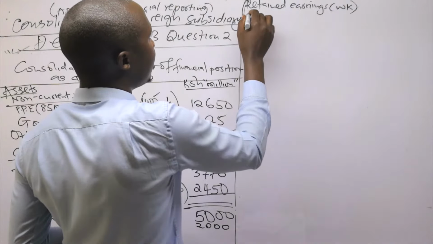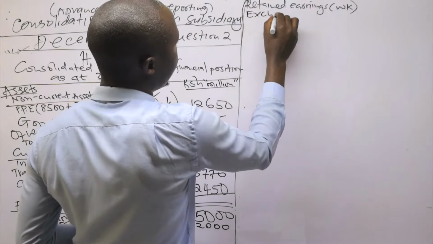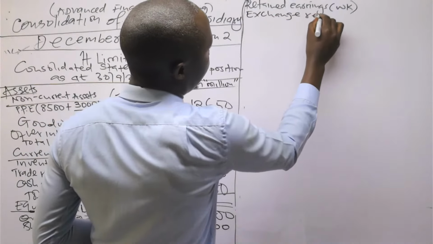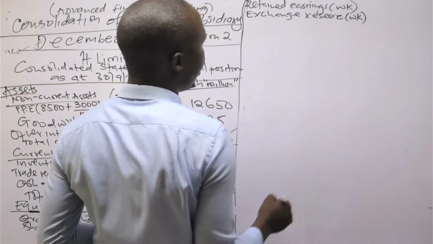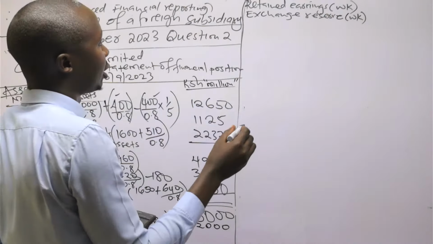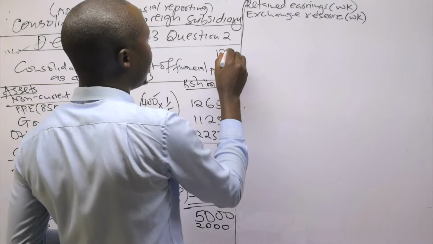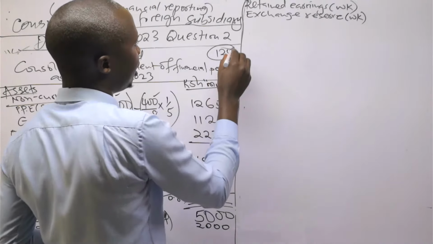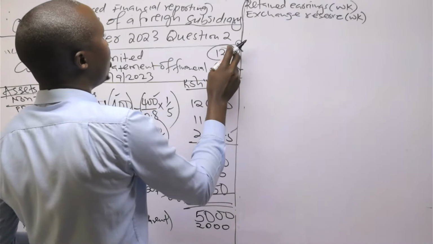Other than retained earnings, remember that there is an exchange reserve. This is another working. Already we got one of the exchange reserve. Remember that there was an exchange gain of 125 from goodwill, of which 80% was attributable to parent.